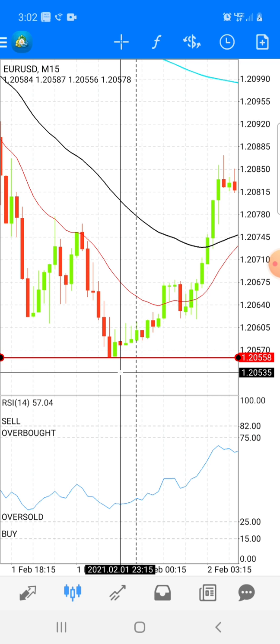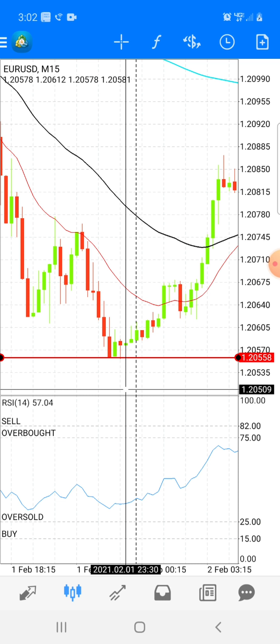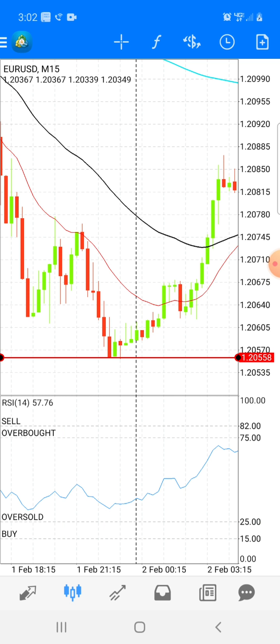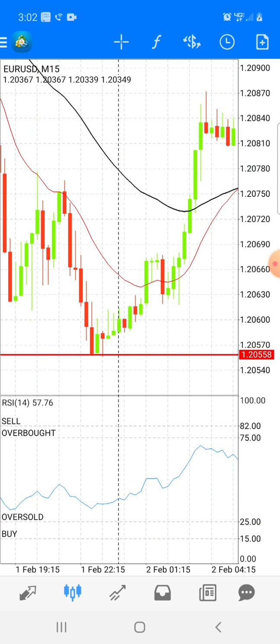So if it does wick me out, and that's not even 5, let's say this is roughly about 5 pips under the support level, so that way it doesn't wick me out. Because 9 times out of 10, guys, whenever you're trading and the candlestick is at a support level, 9 times out of 10, the market's going to push up before it comes back down. It's crazy. If you just look at it across the board, let me delete this one.